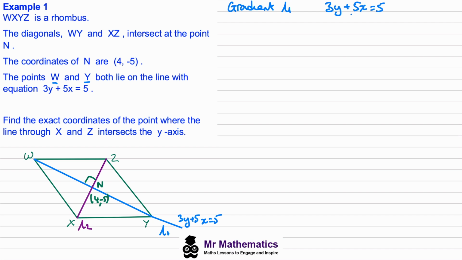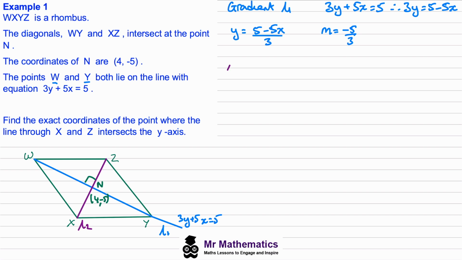We'll move the positive 5x to the right-hand side, so 3y = 5 - 5x. Then we divide both sides by 3, so y = (5 - 5x)/3. You can see that this now gives us the gradient of -5/3. So m is -5/3.